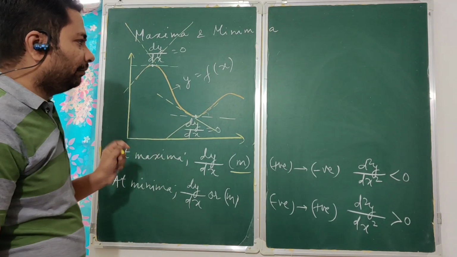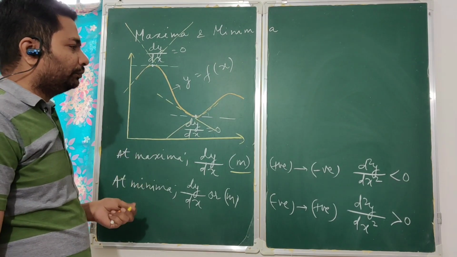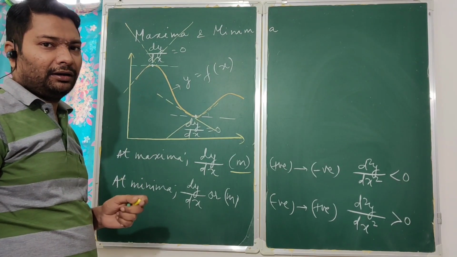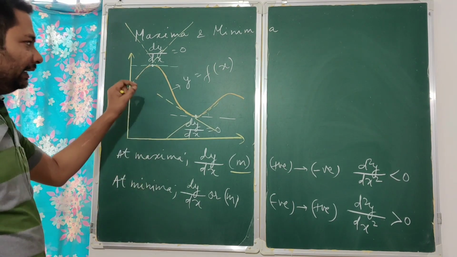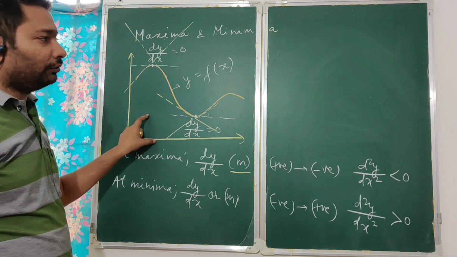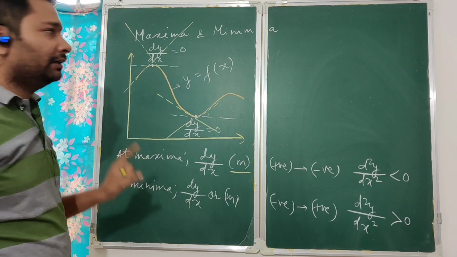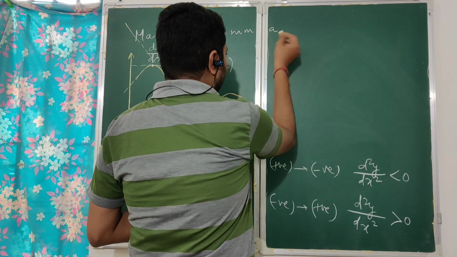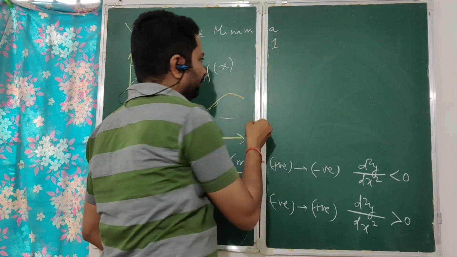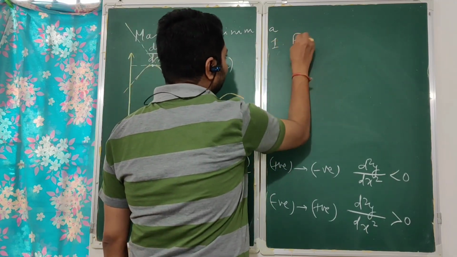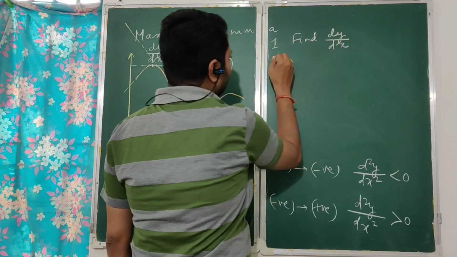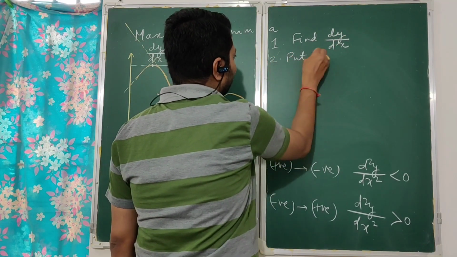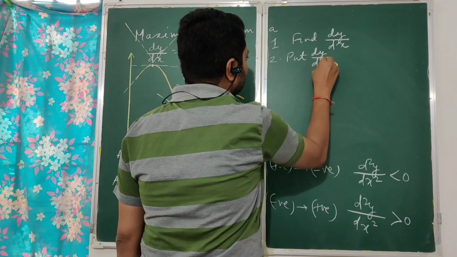Now we can take some examples and try to find the maximum and minimum value of a function. I hope it is very clear to you till now. I'll write the steps. First step is find dy by dx, then put dy by dx equal to 0.